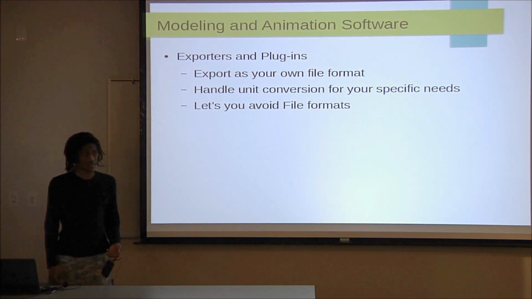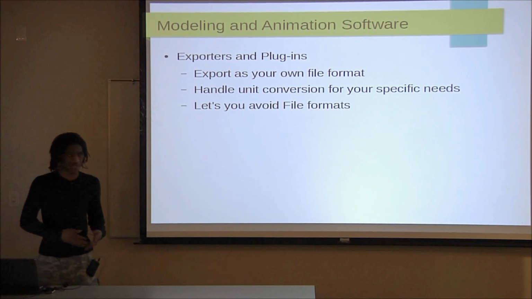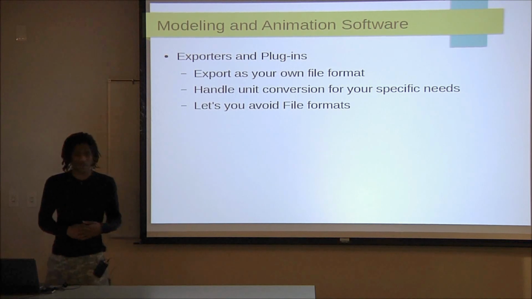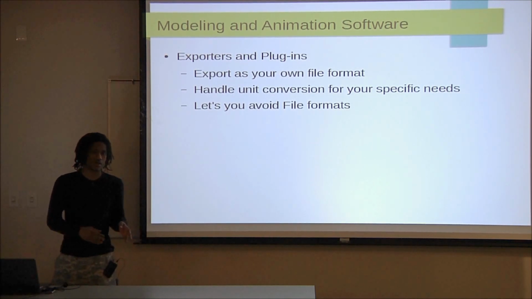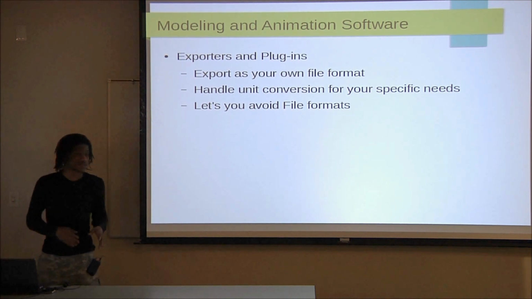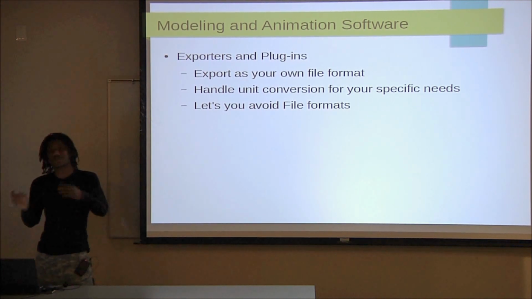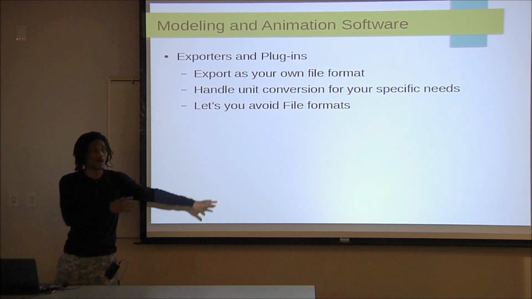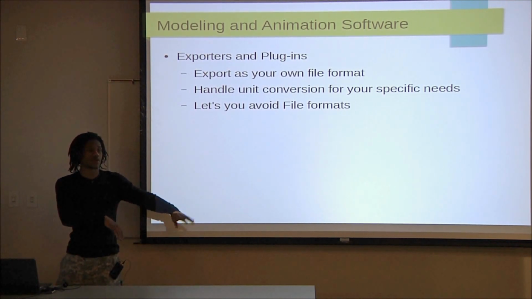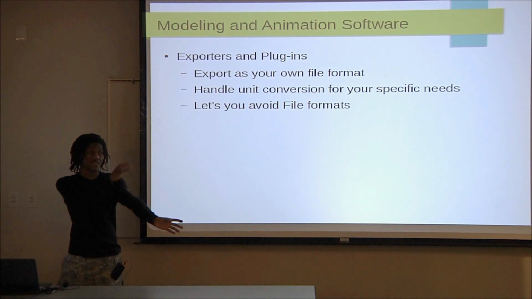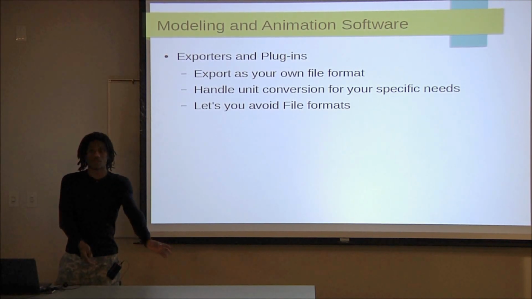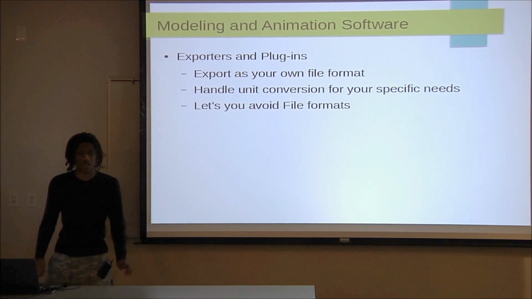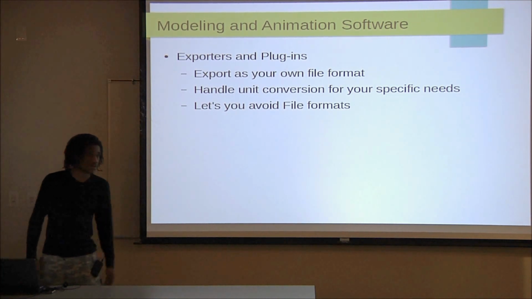So say tangents, maybe you want to calculate those yourself for some reason, right? Maybe you want to flip them because of your engine or for some reason. You could do that after the fact, or you could do it right there in Maya or Max before you even export the FBX file. So the FBX file already has it set up for your engine, and you just use it as usual, and no one even knows.